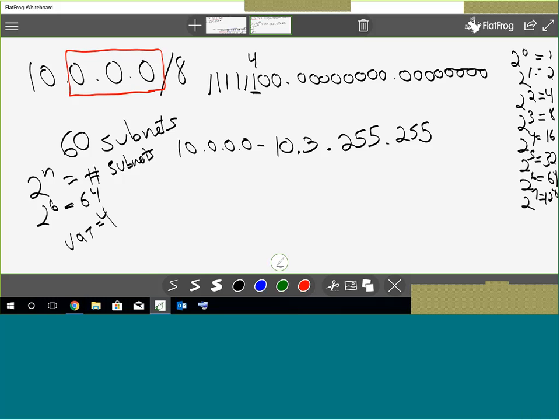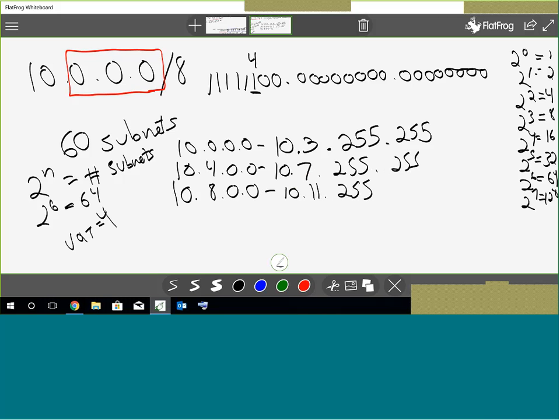So our subnets go on like this until I had 64 different subnets. The variable in the second octet was 4, but there's no other variable in the other octets because I didn't borrow past any other octet boundaries.